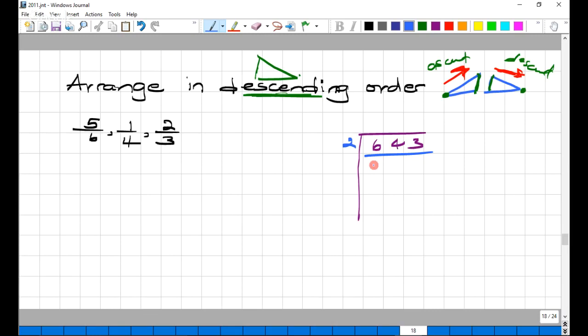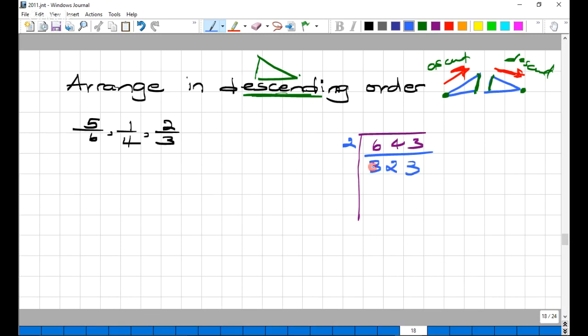So 2 into 6 goes 3 times. Okay, and 2 into 4 goes 2 times. And 2 into 3, what would we do? The 2 cannot go into the 3.